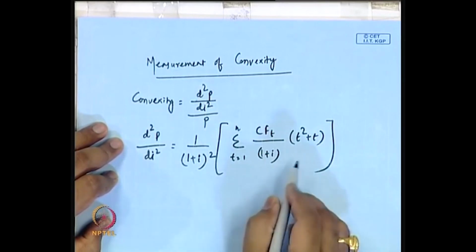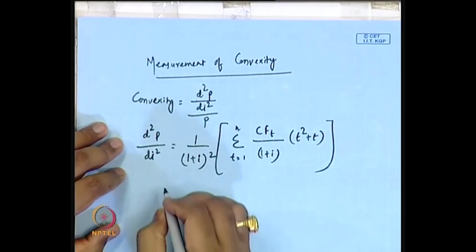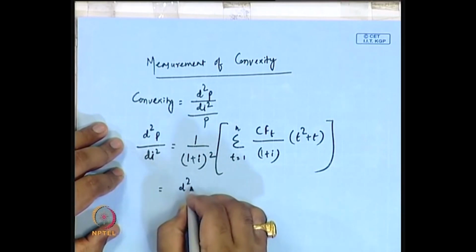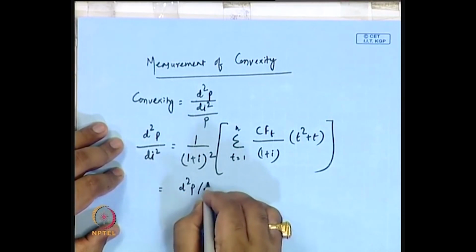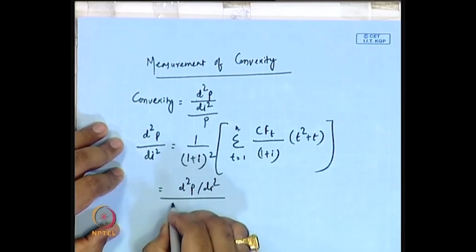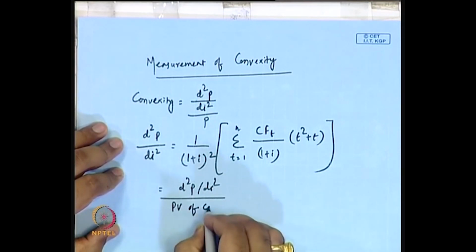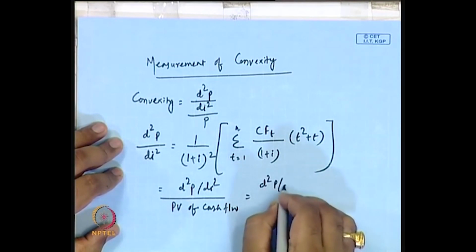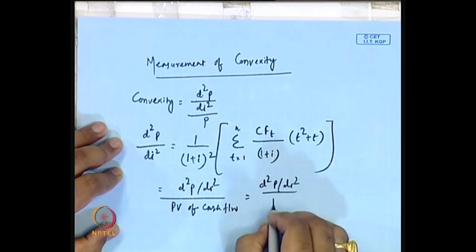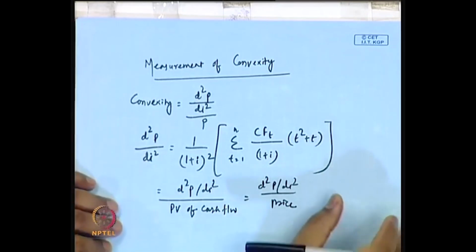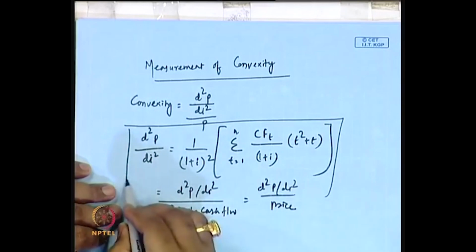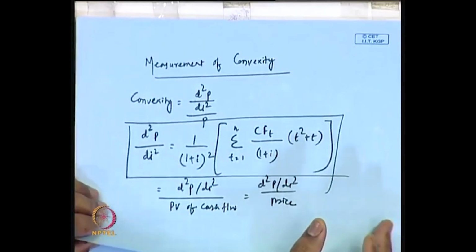If you want to measure it, the convexity is d square P by di square divided by the present value of the cash flow, which is the price. This part we already know: d square P by di square is equal to this.